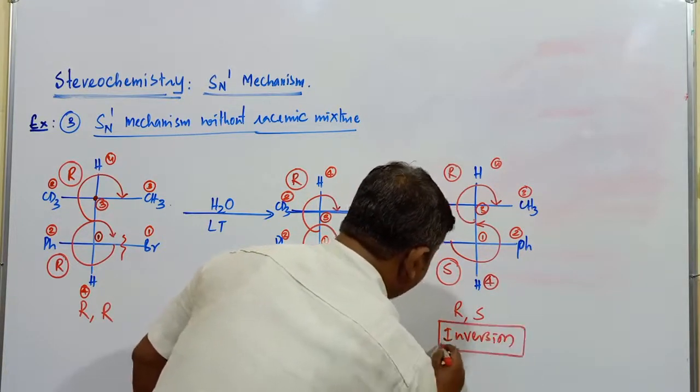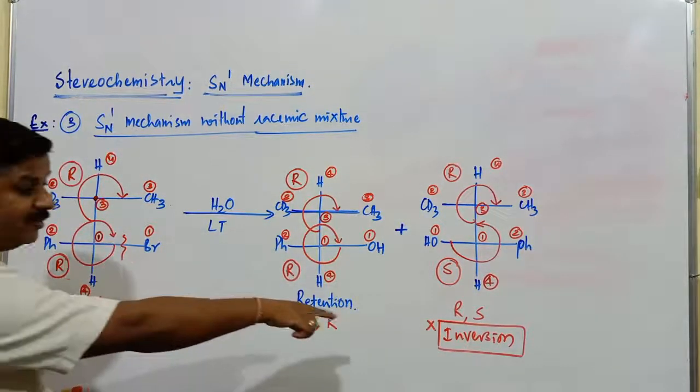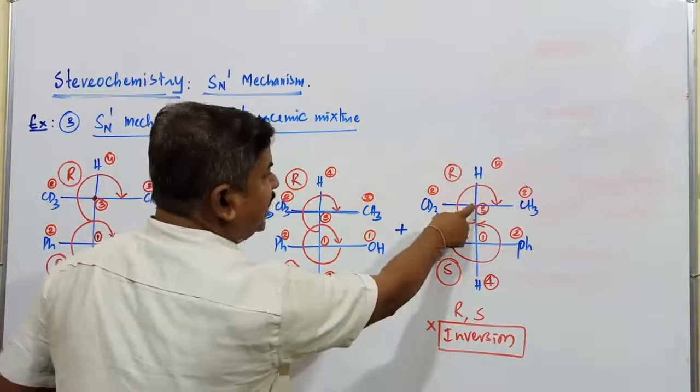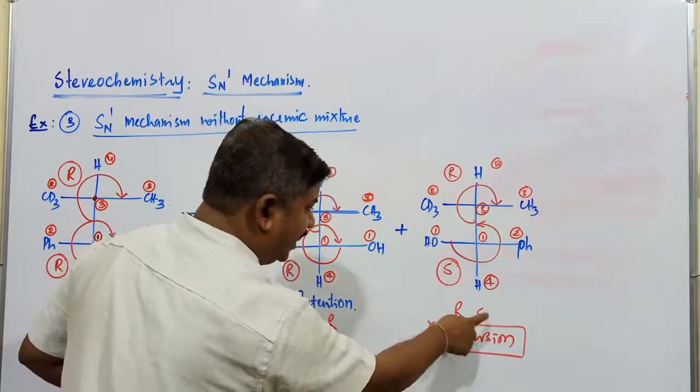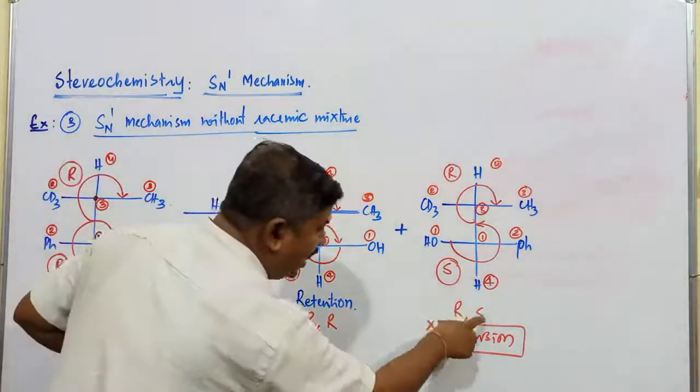For inversion, this particular carbon atom would also have to become S. But here R gets converted into R and S.